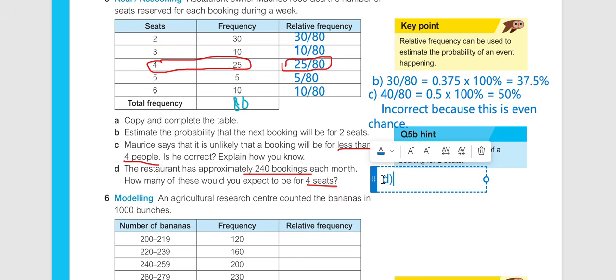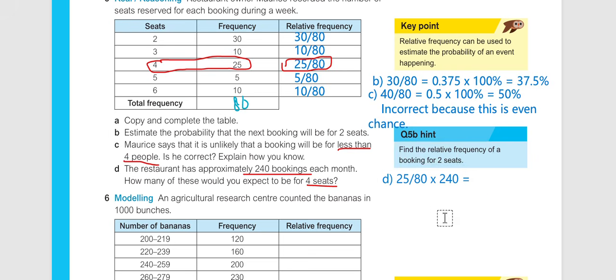For part D, it's going to be 25 upon 80 because that's the relative frequency for 4 seats. So don't misunderstand and think that it's 80 multiplied by 240. The whole fraction needs to be multiplied by 240.